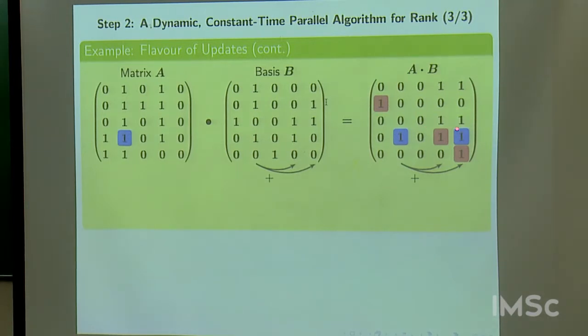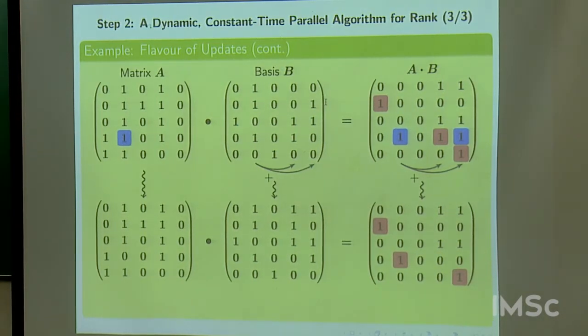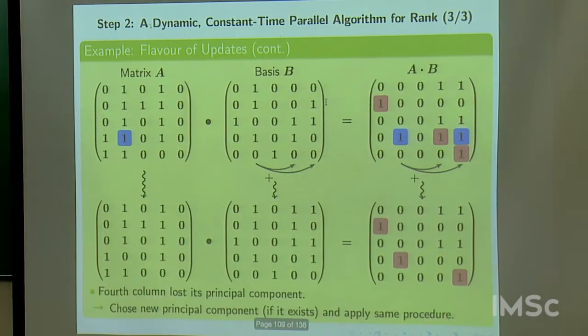So you add this to this, which is via addition of the corresponding basis vectors, correct? So what happens is, realize that now the principal component of this is gone. This no longer has a principal component, correct? And now the 4th column lost its principal component. Choose a new principal component if it exists and apply the same procedure.